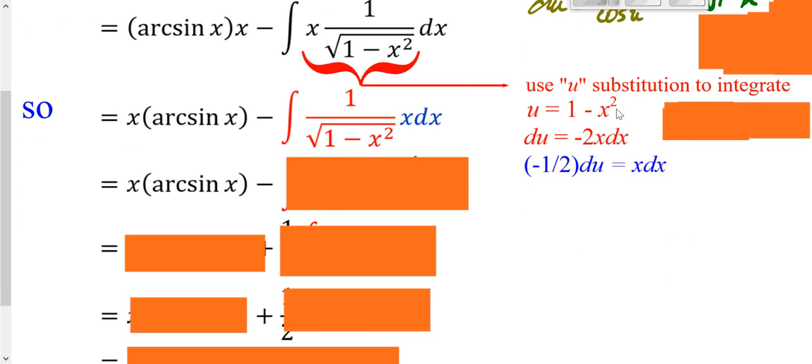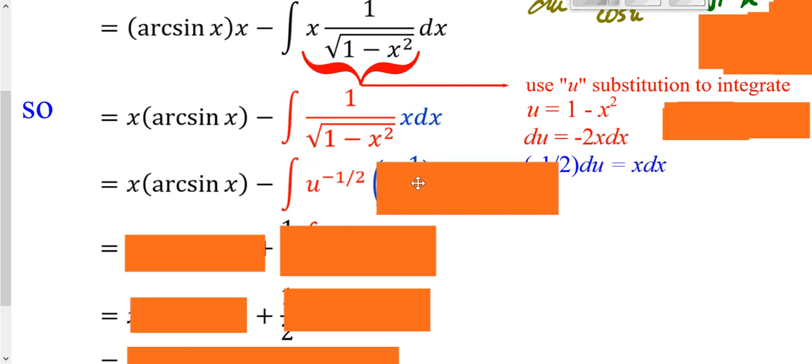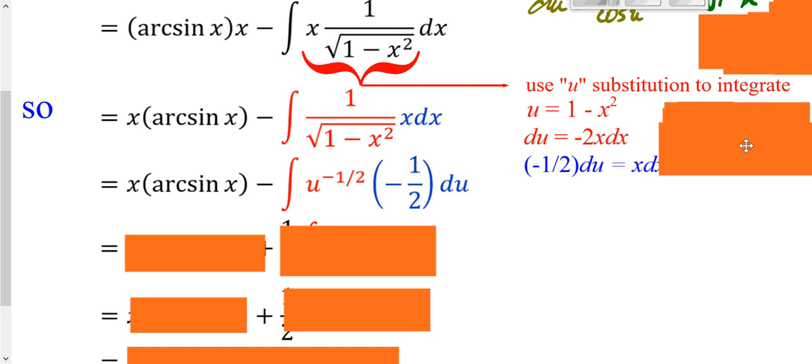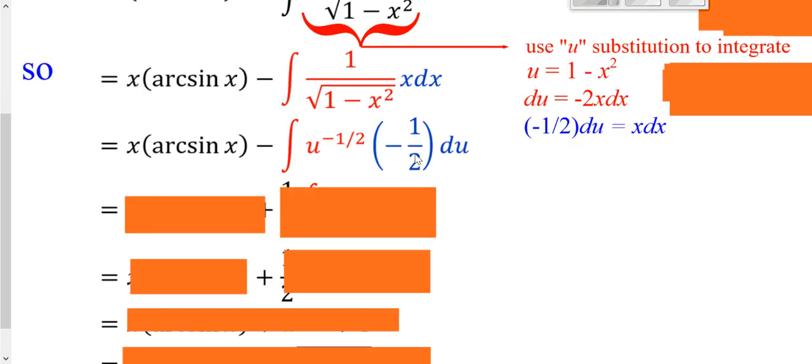Replace your red with this, because it would be 1 over the square root of u, which is u to the -1/2. And then instead of writing the blue, which is x dx, you write -1/2 du. So you have a number multiplying after your integral, you could pull that in front.